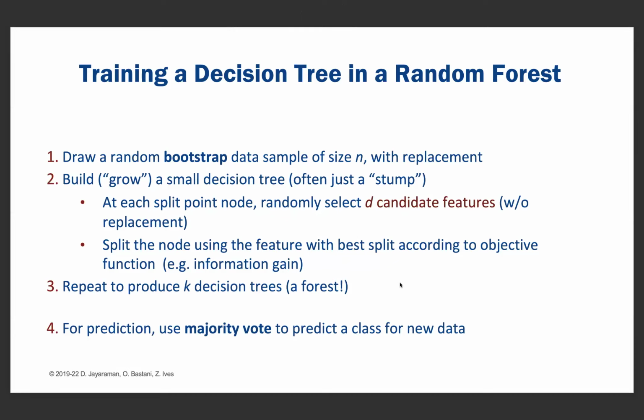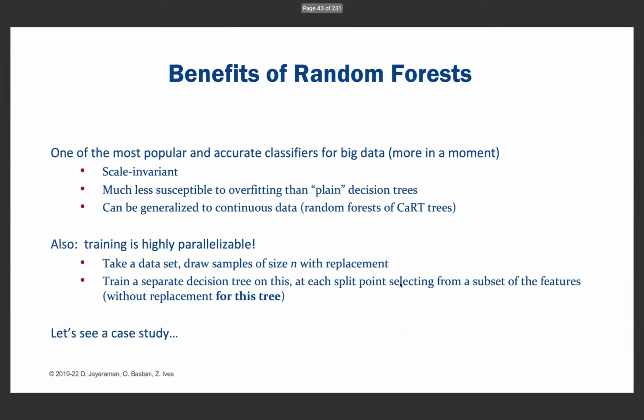And this, in fact, is a subclass of a larger class of methods called ensemble methods, which we are now going to discuss. It is one of the most popular classifiers for big data, and the reason is we're going to see just now. First of all, there is a mathematical reason. A poor classifier, which doesn't work too well, is called a weak classifier.